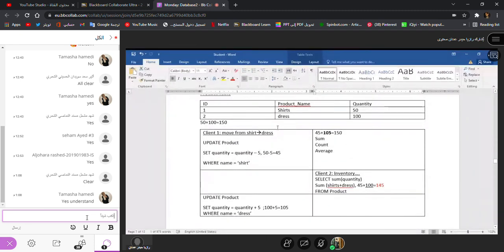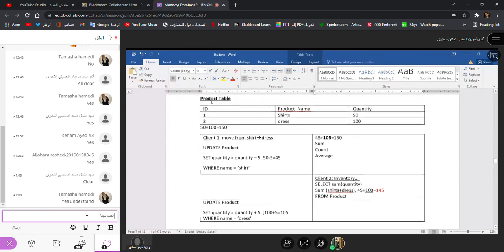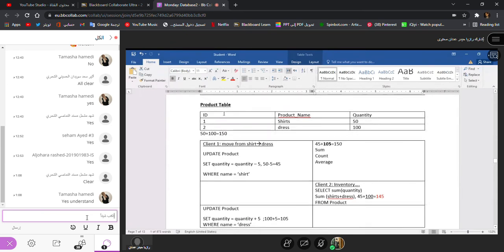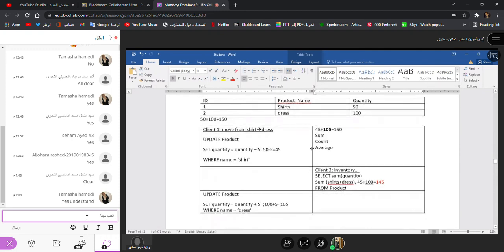That example I was saying. Update the product, set quantity minus 5, where name is shirt. We have this product table, and we have the columns ID, product name, and quantity. So we have the product name shirts, and we have 50 in our database, and then we have the dress, that is 100 in our database.